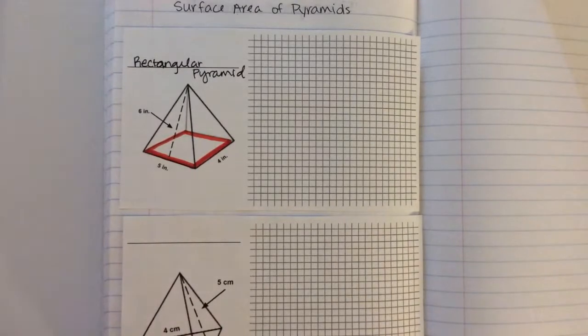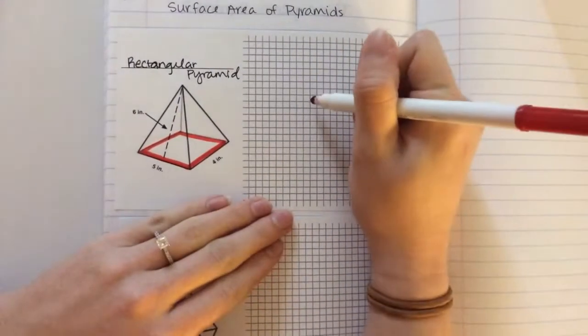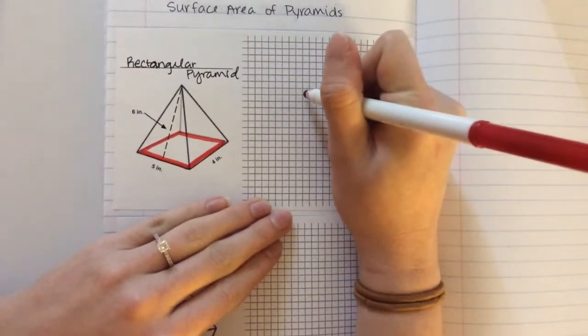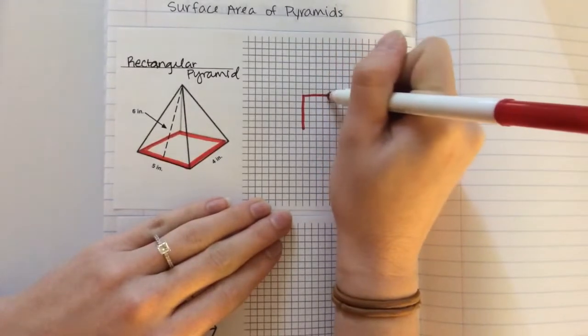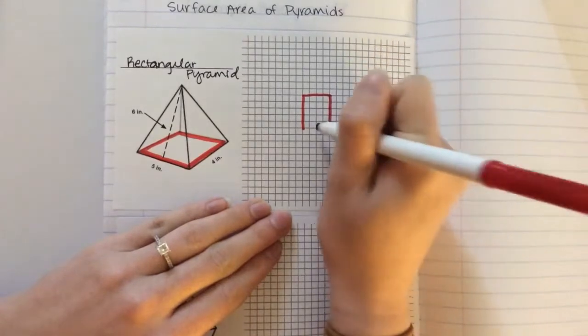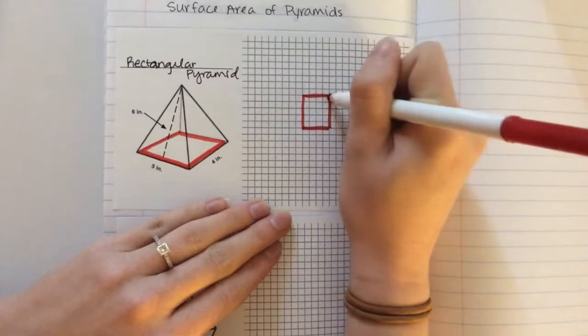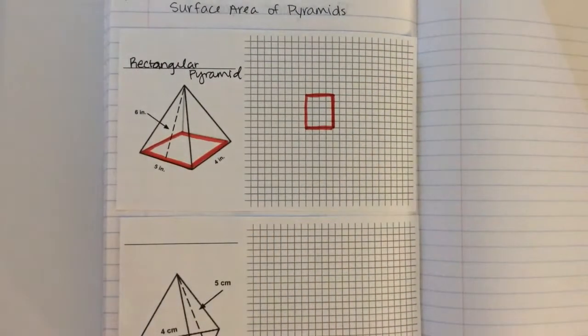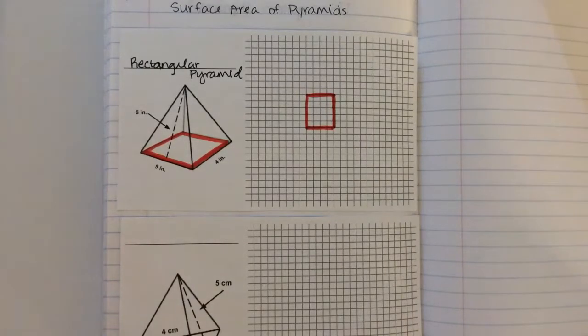5 by 4. Okay, so somewhere in the center of your grid, I'm going to go down 5 and over 4. Use the color that you labeled your base with. Now, how tall are the sides? 6 inches.